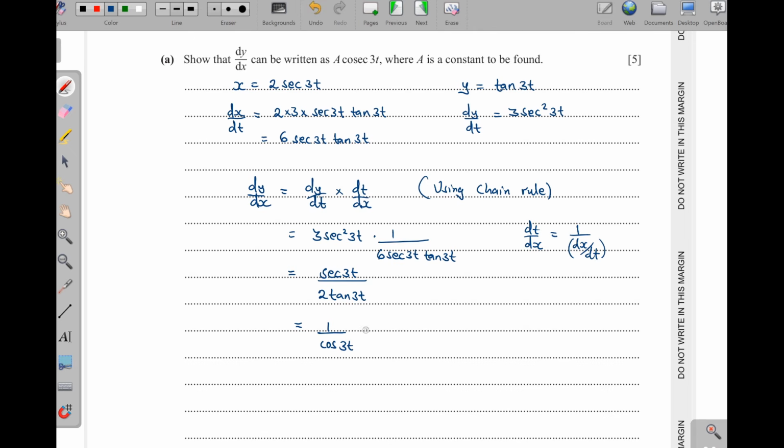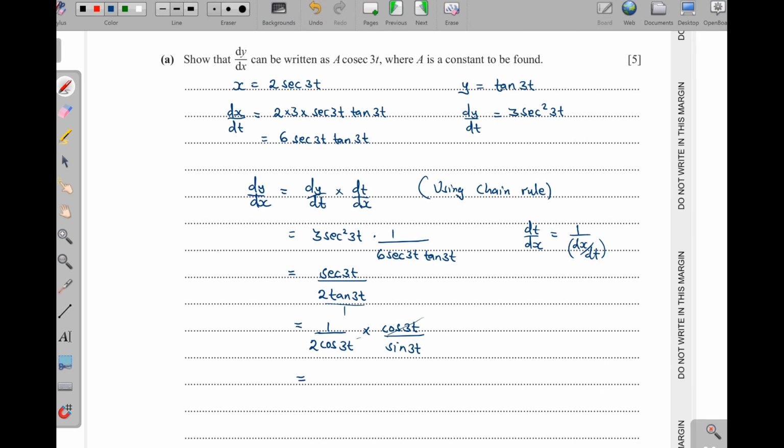Then times, this one is over 1. So the reciprocal of this one is going to be, I can actually leave the 2 here, like that. Then times 1 over tan is the same as cos over what? Cos over sine.